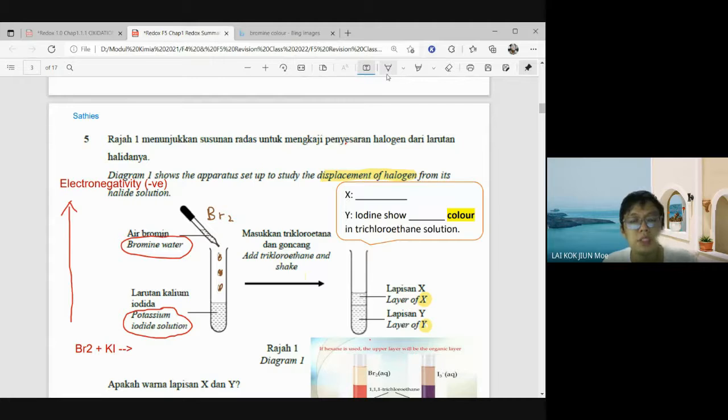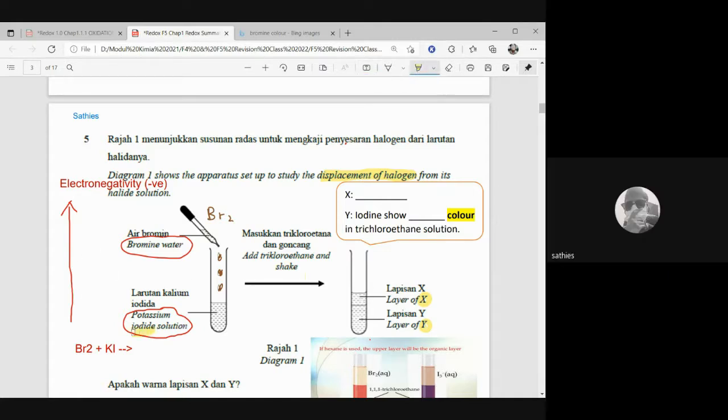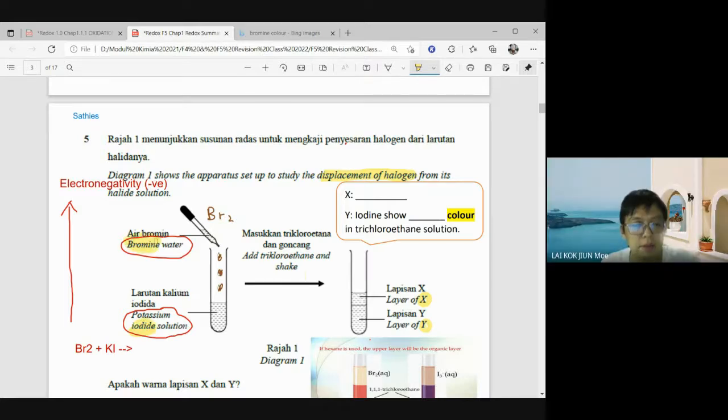So kita test position dia, Cetis, you ada hafal tak? Bromine is higher or iodine is higher? Kalau you tak ingat, you boleh refer your periodic table. Dia ada tuliskan. Yang first tu siapa? Saya rasa yang first tu fluorine.